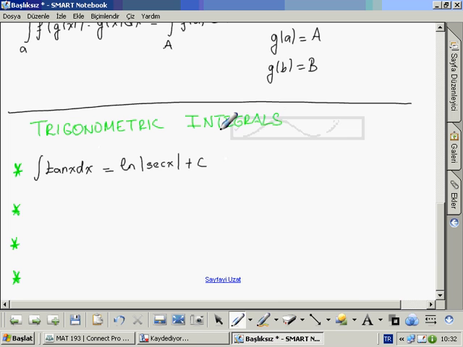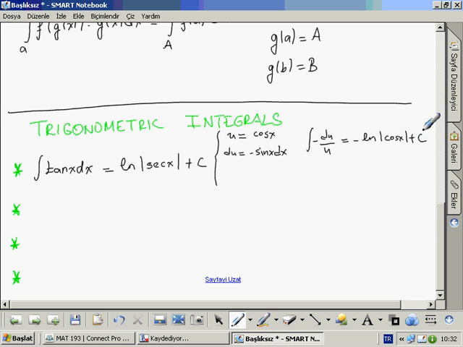Let me remind you, if you choose u equals cosine x, because tangent x equals sine x over cosine x, and du will be minus sine x dx, your integration will be the integral of minus du over u, so it's equal to minus ln absolute value of cosine x plus c.